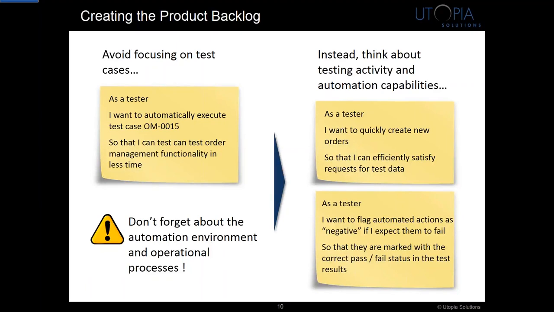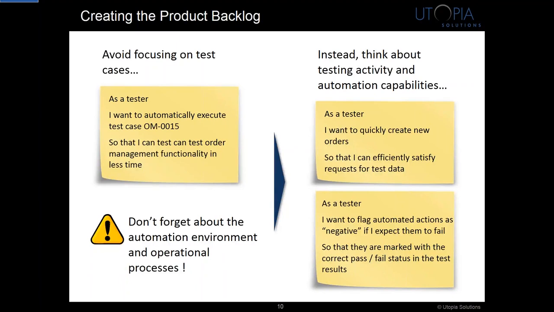As an example, we recently had an implementation project that had about 2,000 regression test cases. The customer's initial objective was simply automate as many of them as possible, with the expectation that at the end some percentage of those 2,000 test cases would be automated exactly as they existed for manual execution.